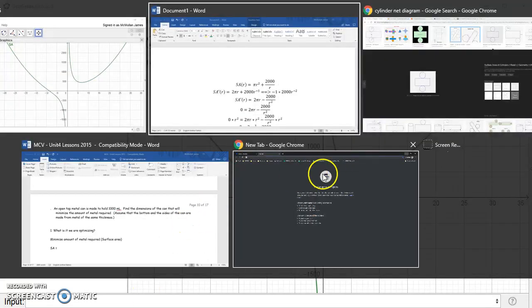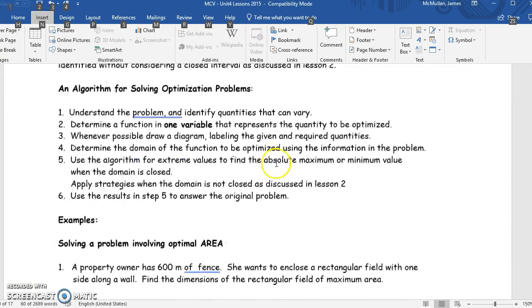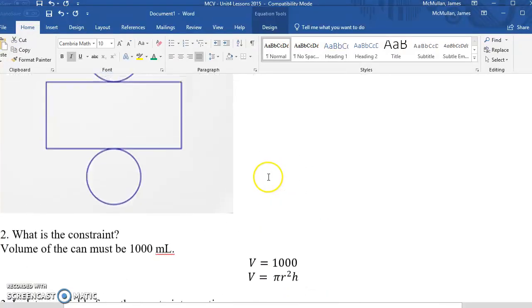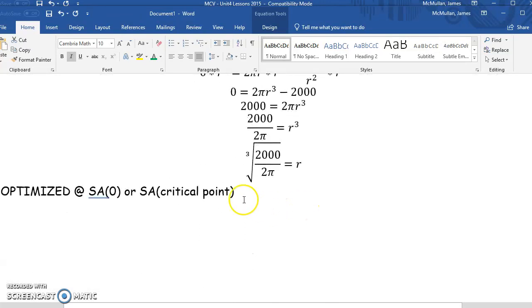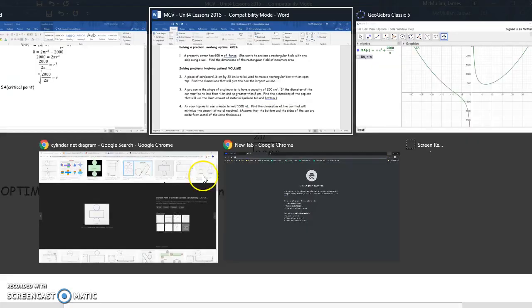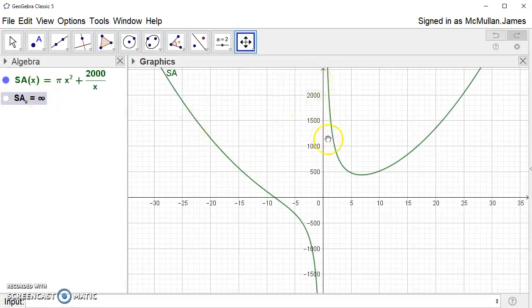To think back to our can for a second, think back to our picture. If I don't have a radius, if there's no circle here, then this rectangle has to be infinitely large to create any volume at all, right? Because it has no height. It would always have a volume of 0. So it makes sense that when r is 0, you don't really get a surface area that means anything. And so, of course, we're going to reject SA of 0.